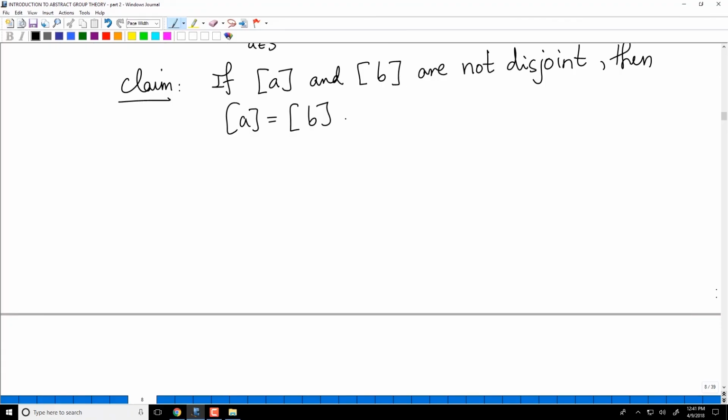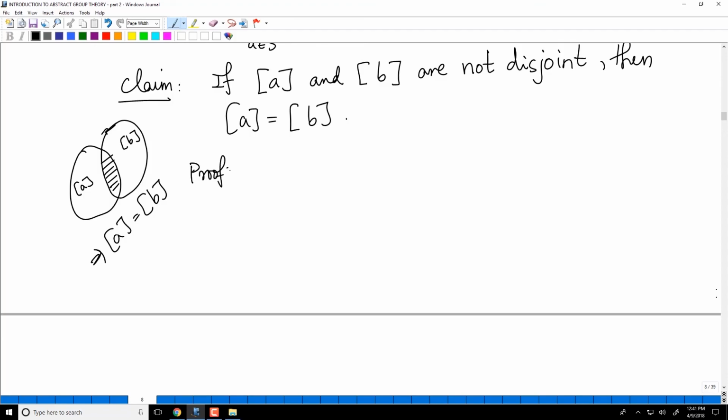So what I'm saying is that if you take the equivalence class of a and the equivalence class of b, if they have something in common, they must be equal. So they can't have some things in common but be distinct.